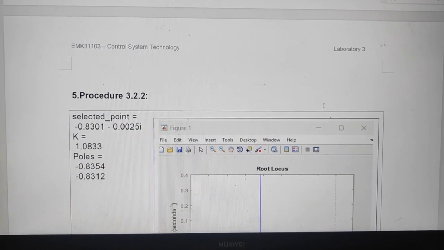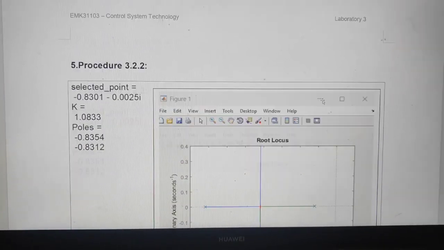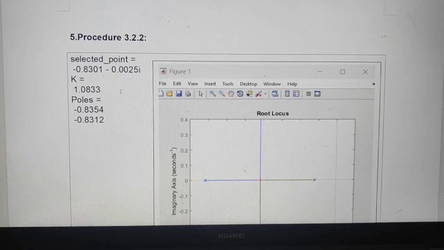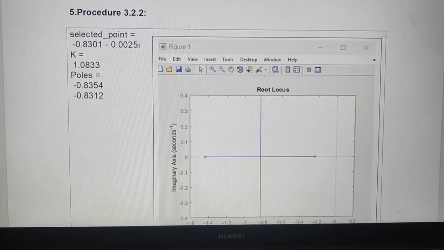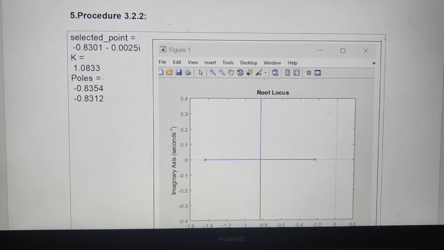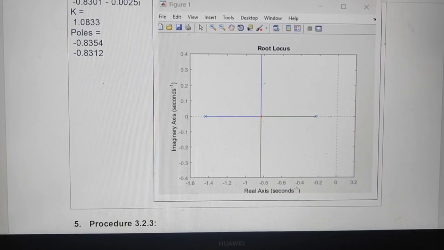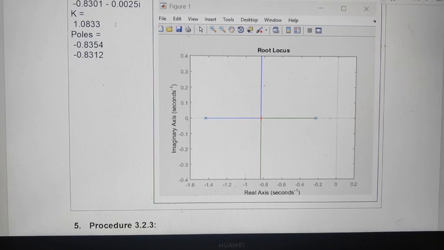And for exercise 3.2.2, these are the outputs, which are negative 0.8301 minus 0.025i, and for k, it is 1.0833.